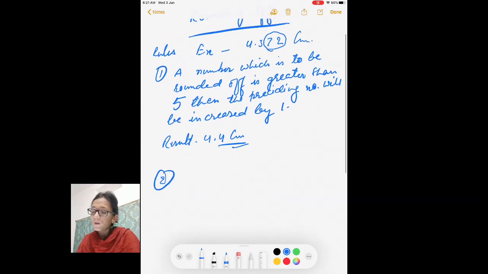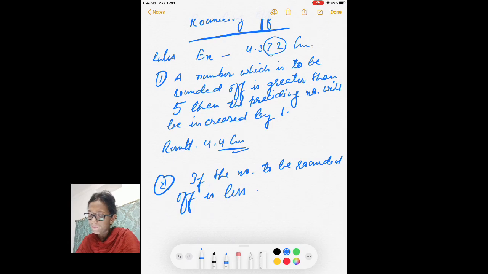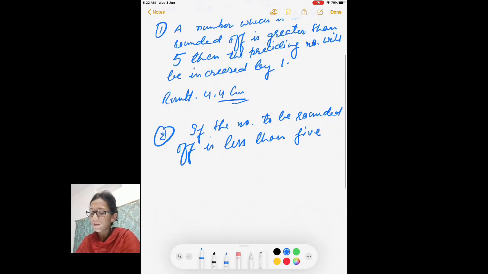Rule 2: if the number to be rounded off is less than 5, then the preceding number will remain unchanged.